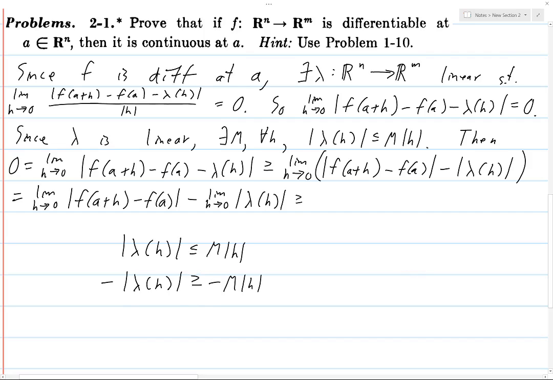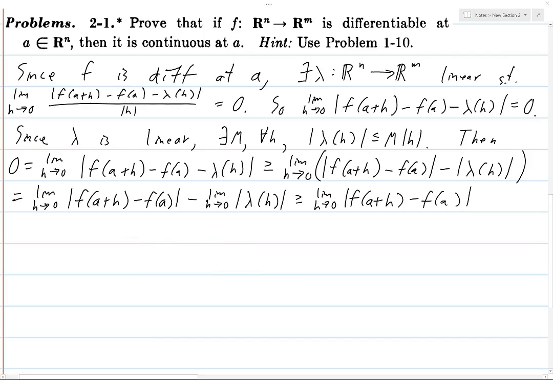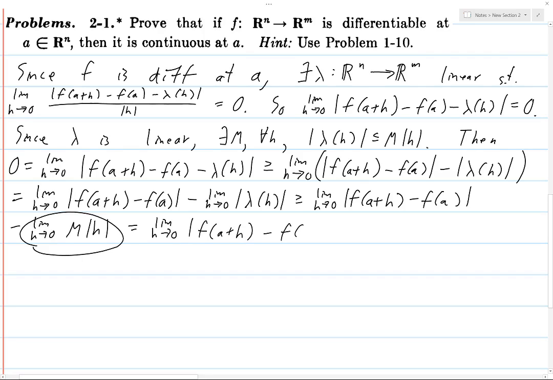And so, therefore, this is greater than or equal to the limit as h goes to 0 of f of a plus h minus f of a, and now we subtract the limit as h goes to 0 of M norm of h. But of course, this limit over here is just 0. And so this is equal to the limit as h goes to 0 of f of a plus h minus f of a.